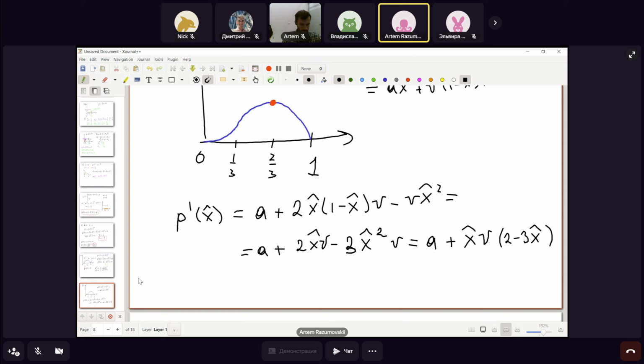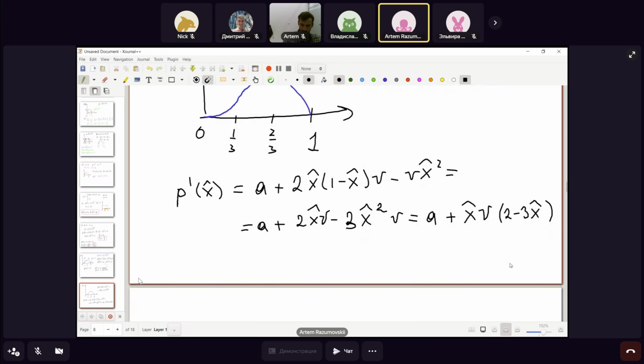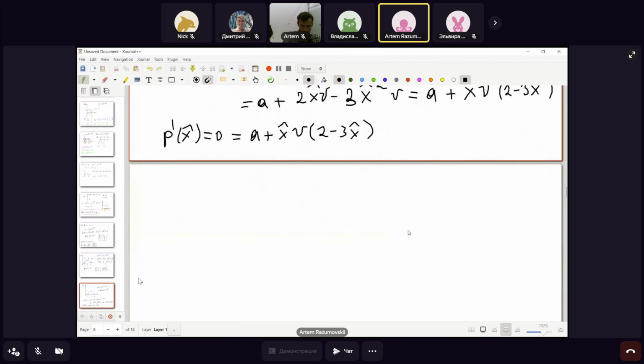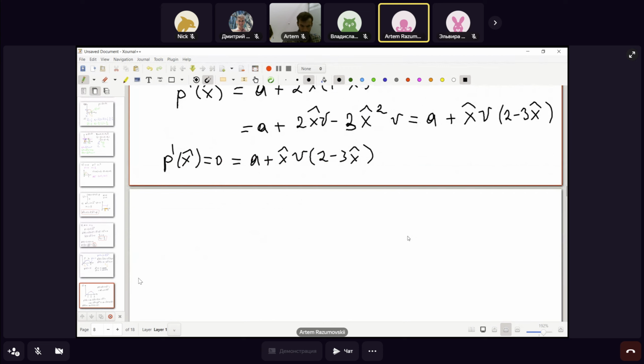So we can see that it looks a bit similar. So then we will equalize it to 0. What x hat can we find? We need to solve the quadratic equation, right?